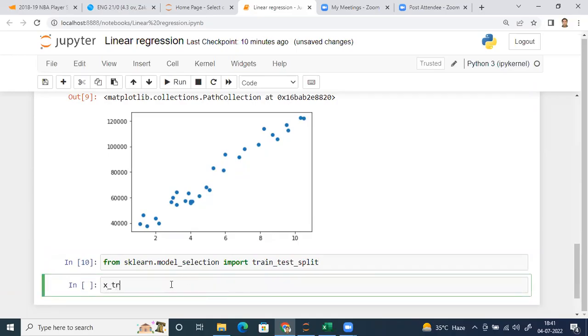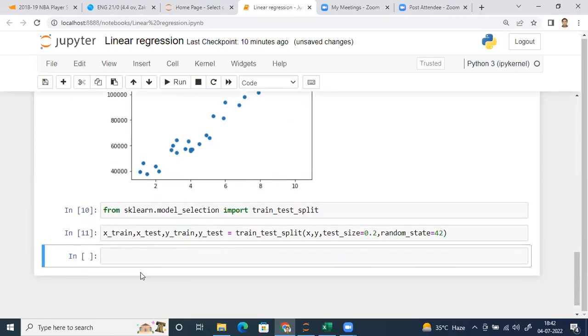First of all, it will give me four outputs: X_train, X_test, y_train, y_test, equals train_test_split, and within that I can pass my X comma y, and then my test size is 0.2, and my random state is, let's say, 42. Done. Awesome.